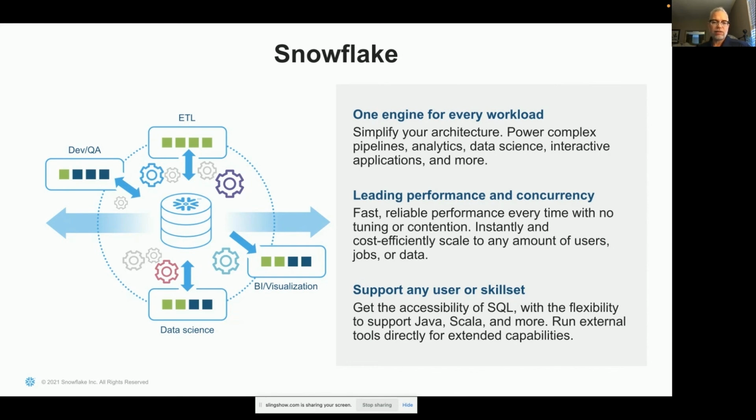I doubled the size, doubled the cost, but I've halved the execution time. So I got increased performance, but the net of it is I pay the same amount. I pay for 10 minutes of compute on a small warehouse, or really 5 minutes on double the amount of compute. So it nets out to be the same. We're linearly scalable, so you can get increased performance, and it's not going to cost you extra, essentially.